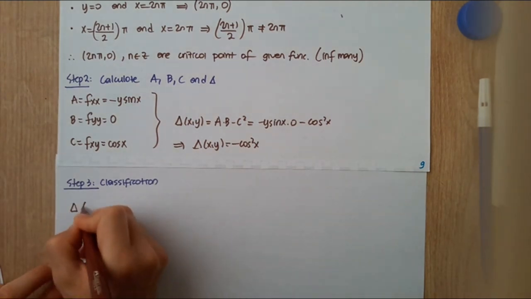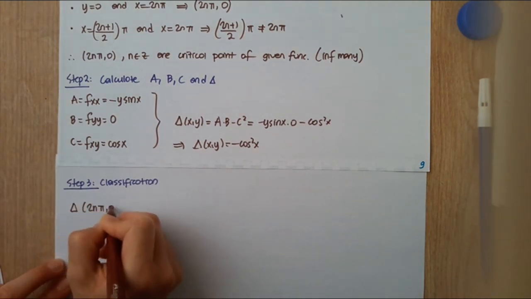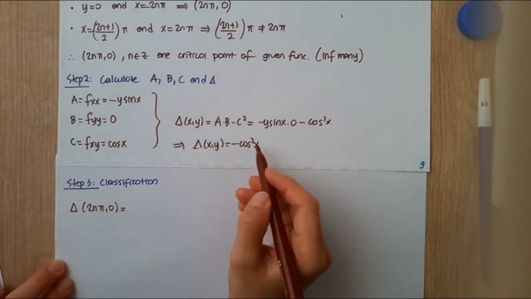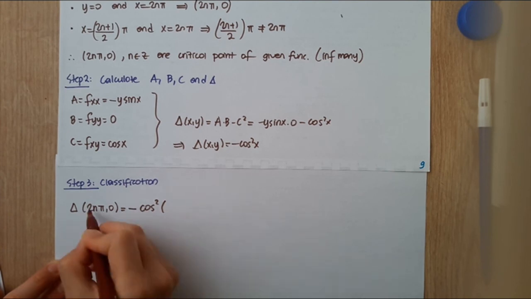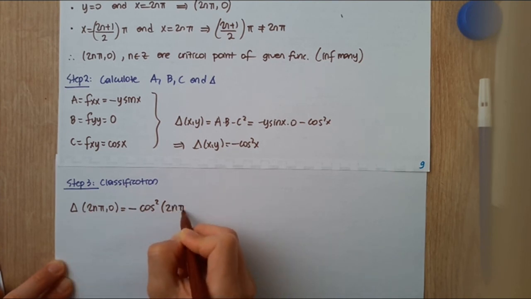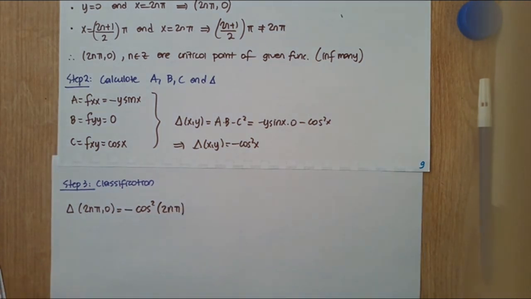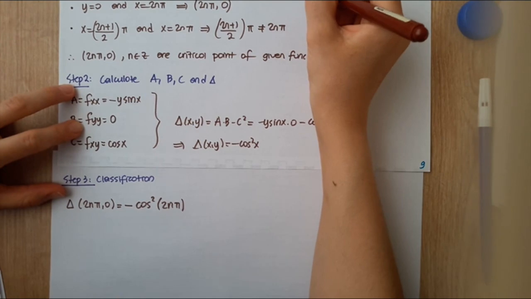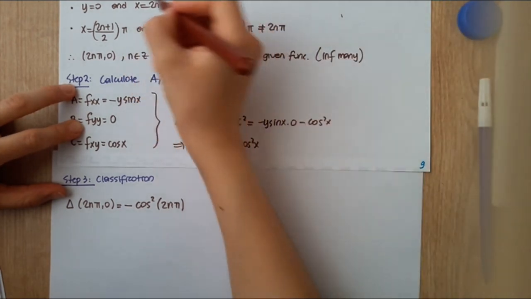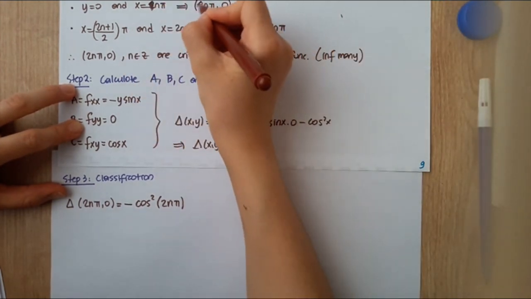So I have delta of the point. Because it is minus cosine squared x, I will write minus cosine squared of x, which is n pi here. I'm sorry, not 2n pi. This is n pi. So sorry for this. And those should be n pi also.